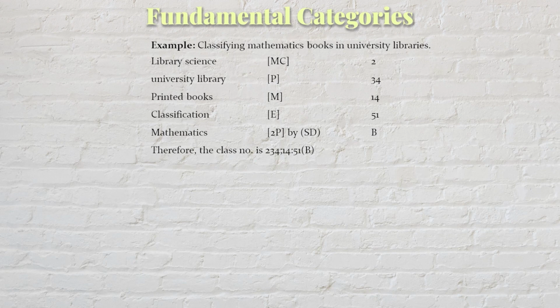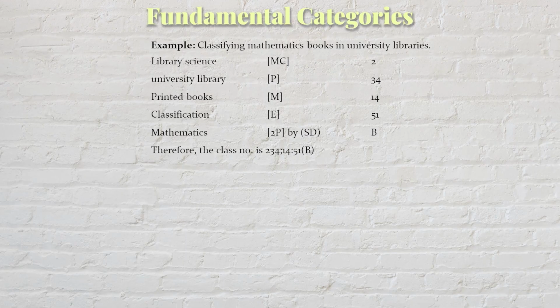The main class is library science 2. Then university library is indicated by 3-4 in the personality facet of the main class library science. Then matter is the printed books and indicated by 1-4, and classification is the energy facet and it is indicated by 5-1.